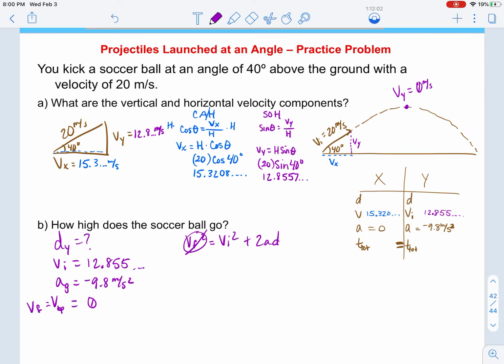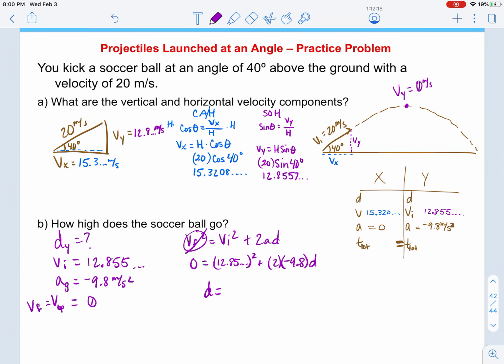So VF is 0 equals my 12.85 whatever squared plus 2 times negative 9.8 times D. I'm not going to go through the specifics of the algebra, but when that's all said and done, you are going to calculate the displacement to be roughly 8.4 meters. I'm cutting some corners here, so my sig figs might be slightly off, but you should be about 8.4 meters. And that is the vertical displacement of my object, okay?